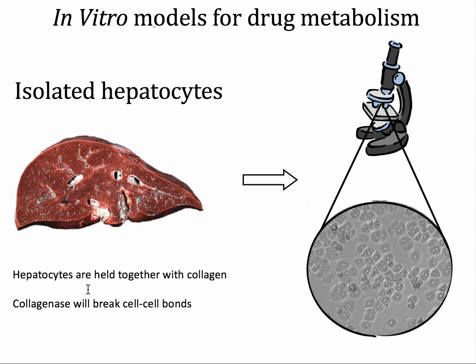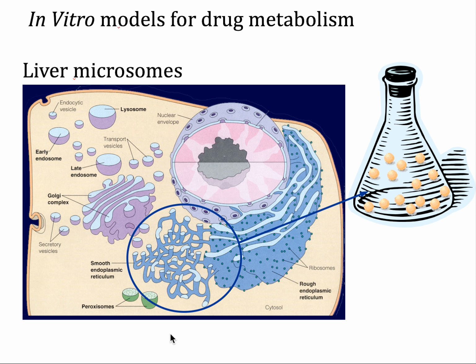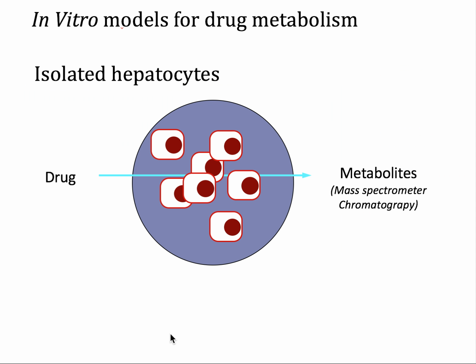Before that, they usually use collagenase, which breaks up the collagen, the connective tissue that holds together all the hepatocytes. Collagenase breaks up the cell bonds and makes them individual, and then you put them under a microscope and administer the drug, and then you measure, using a mass spectrometer or chromatography, how much drug is absorbed.